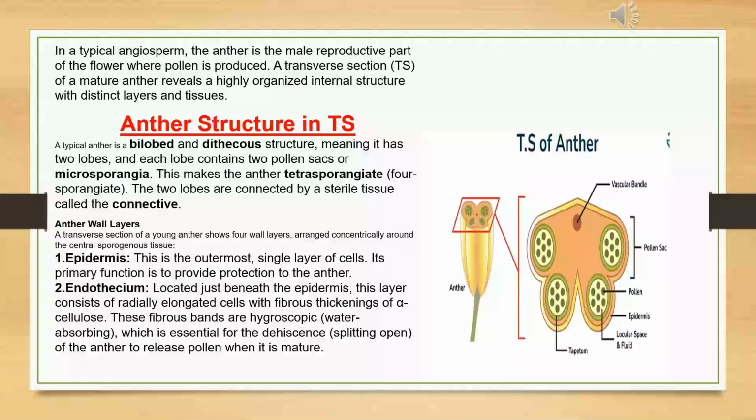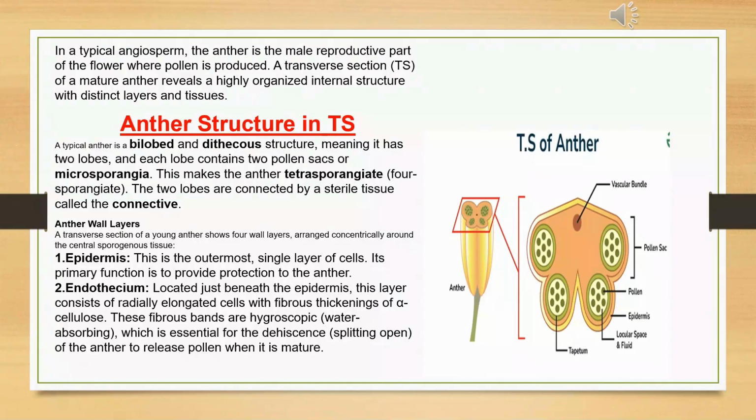In a typical angiosperm, the anther is the male reproductive part of the flower where pollen is produced. A transverse section, that is TS, of a mature anther reveals a highly organized internal structure with distinct layers and tissues. Now we'll see the anther structure in TS.